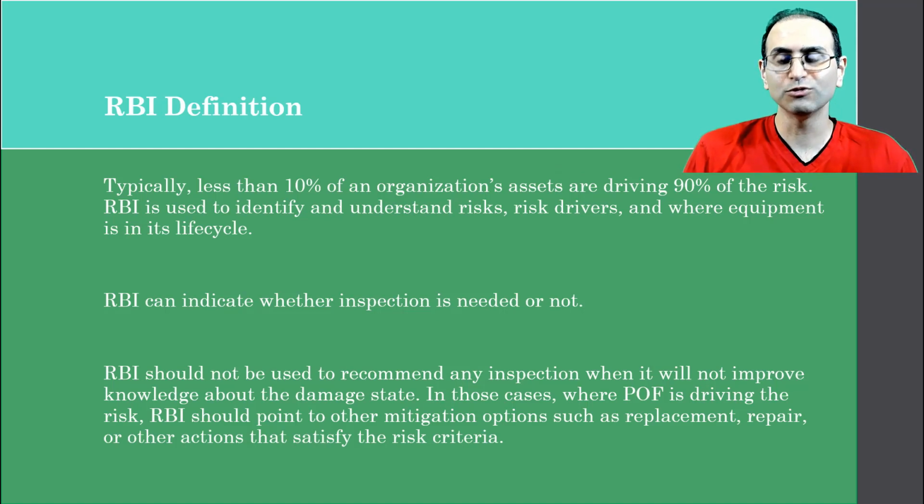Sometimes you can't do that. In some specific damage mechanisms, inspection doesn't help you avoid any type of risk. So you have to do other types of activities in order to reduce the risk, and we'll talk about them in the future.